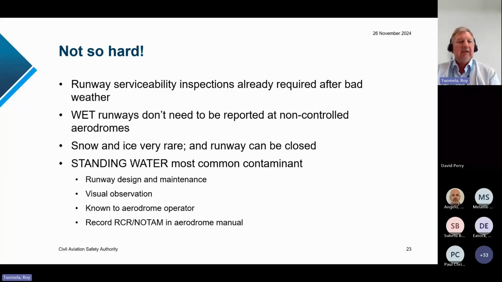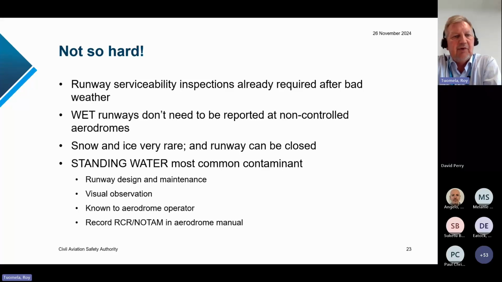So, runway serviceability inspections are already required after bad weather. Wet runways don't need to be reported at non-controlled aerodromes. Snow and ice is very rare, and the runway can actually be closed, rather than having runway condition reports.